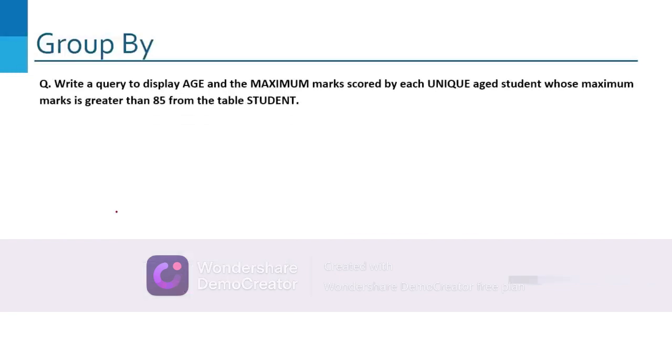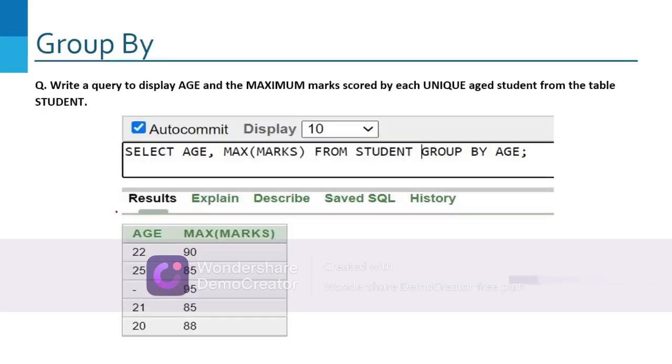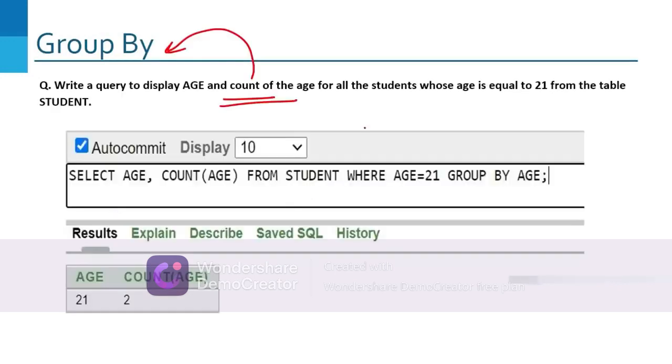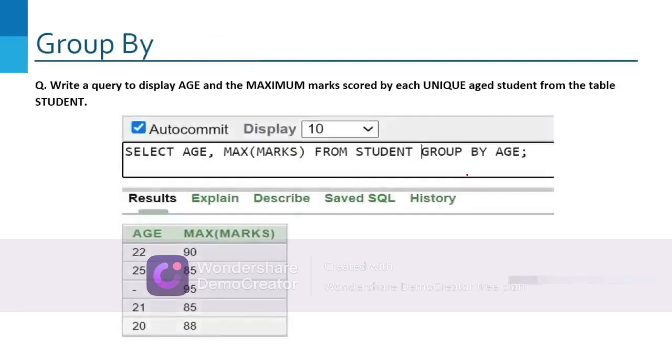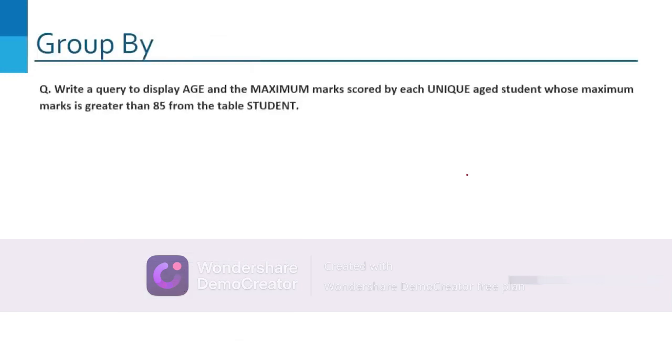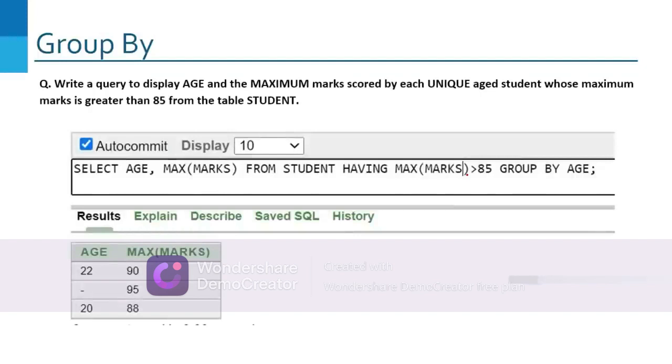Okay, write a query to display age and the maximum marks scored by each unique age student whose maximum marks is greater than 85 from the table student. Now understand what we are doing here. Till now, whatever problems we have seen, we are just using where and group by, right? After where we are using group by, correct? Till now we have not used any particular program like this.